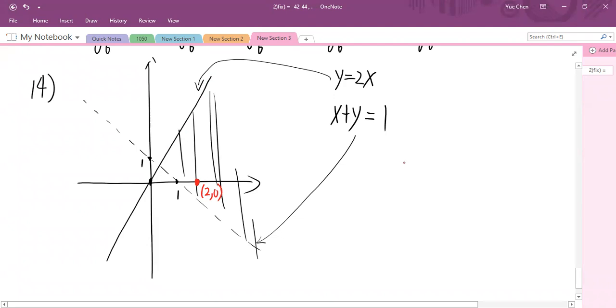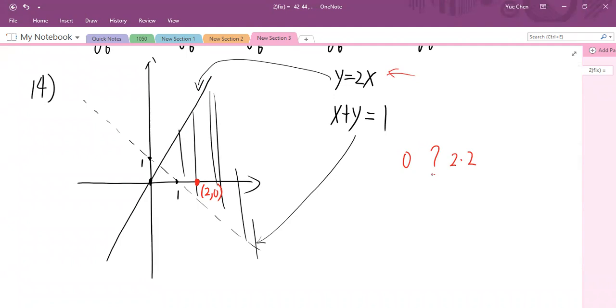We plug in x equals 2 and y equals 0. Look at this one: 0 and 2 times 2, which is 4. We want to know whether it is greater than or equal to, or less than or equal to.